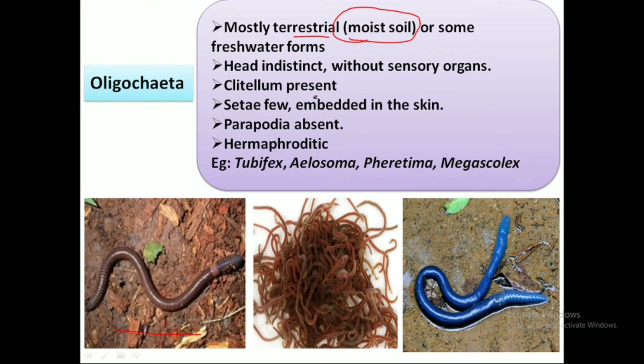There the clitellum plays a very important role during copulation, and here setae are very few in number, and parapodia are absent because they have a burrowing nature. These are also hermaphroditic, and the common representatives are Tubifex, which are clusters of various organisms, then Pheretima, the earthworm, and Megascolex, which is also known as the blue earthworm.